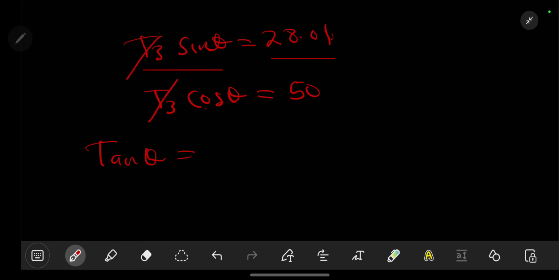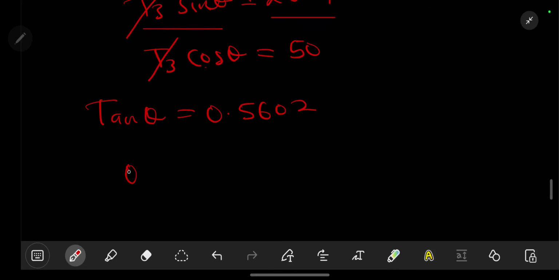If you want you can make T3 the subject of the formula, it's still okay, but this is also fast. So we are going to divide 28.01 divided by 50. This is going to give us a value that is equivalent to 0.5602. Then we are going to say the theta should be equal to the tan inverse of 0.5602.